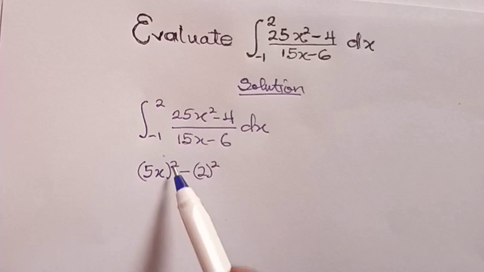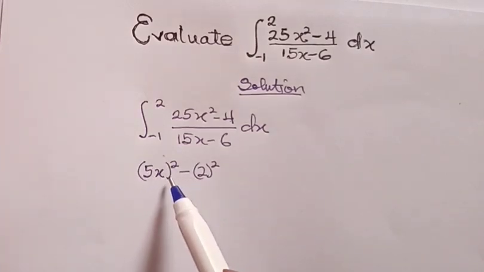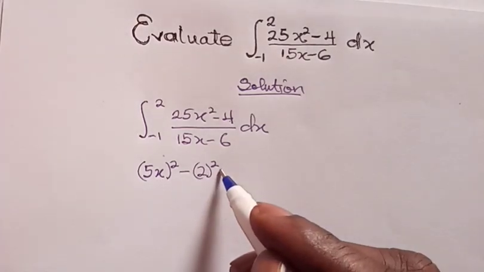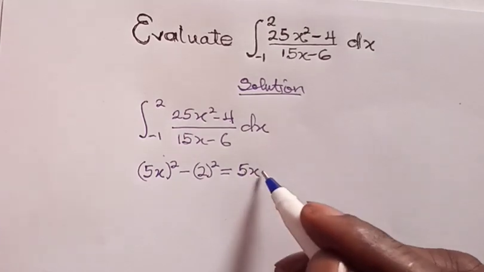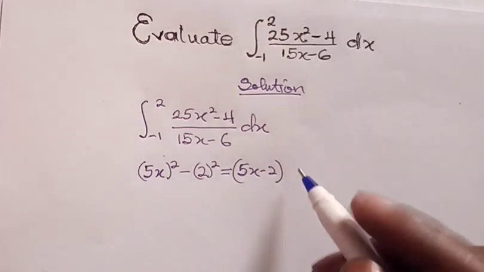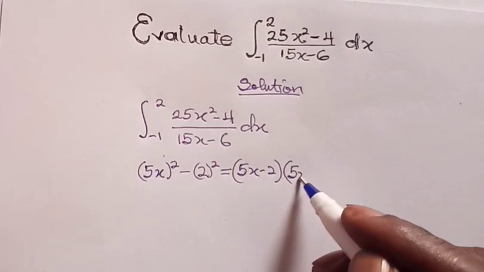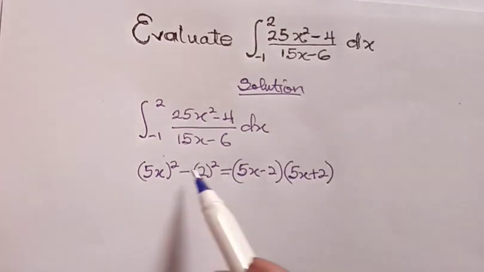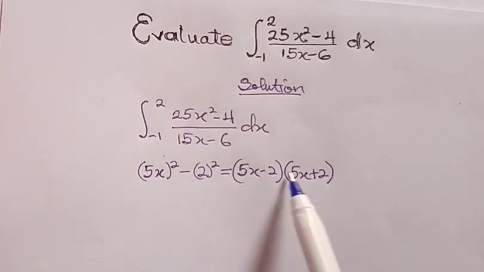Once you have this, we have what we call the difference of two squares. So this can be written as (5x minus 2) in one parenthesis, and then another (5x plus 2), because this is the difference of two squares.